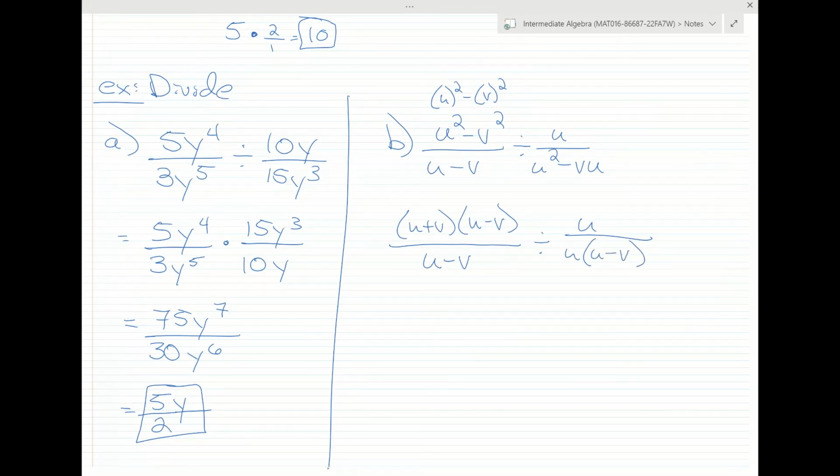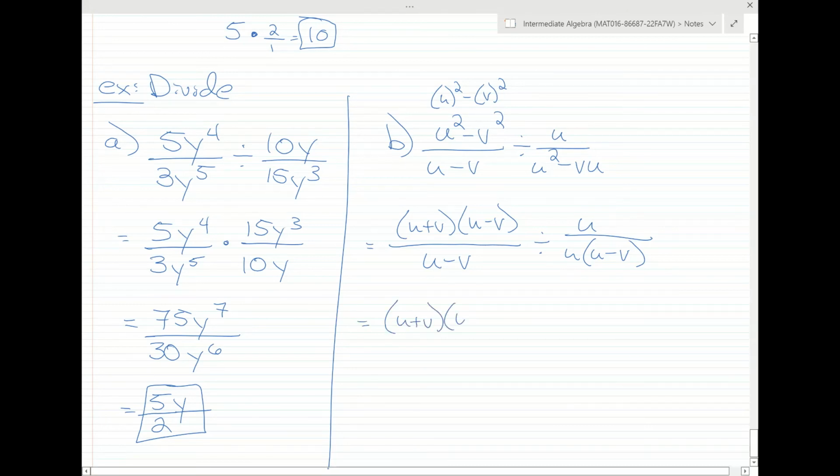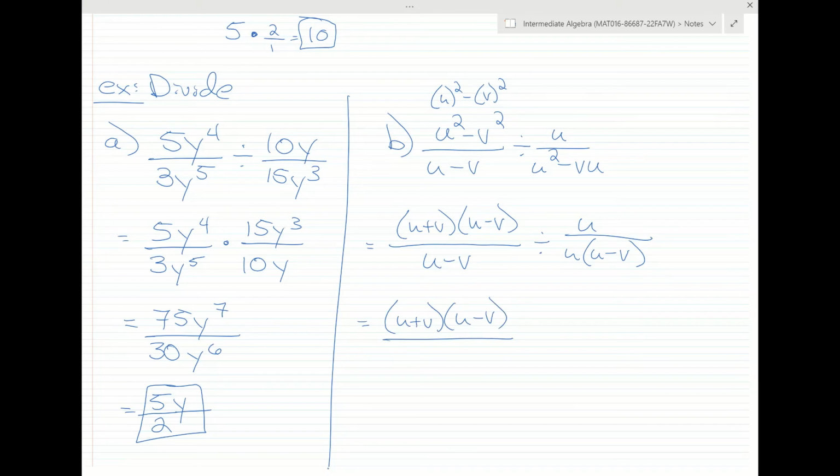So the symbols are a little tricky, but you could factor a difference of perfect squares upper left. We could factor out a GCF bottom right. And now to finish, let's multiply by the reciprocal. And we're going to cancel common factors.